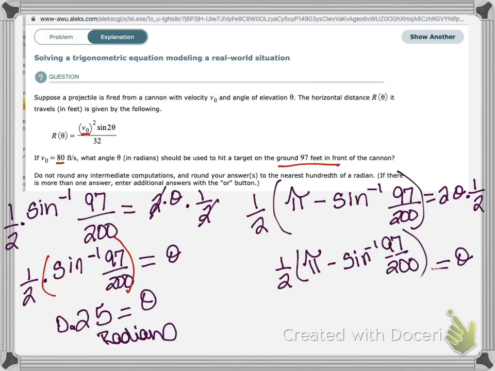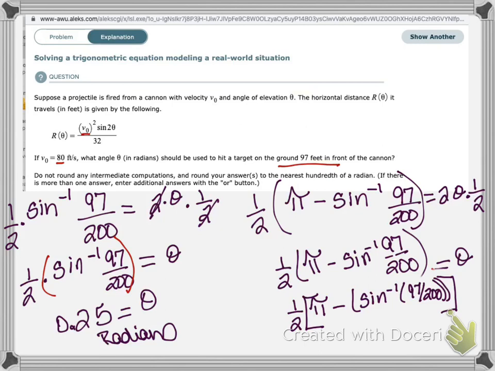I would do 1/2, then brackets, and I would hit my pi, and then I would hit minus. I'd put sine inverse in parentheses. You may even end up with another set of parentheses here, so you're looking at having 2 parentheses and then another set of brackets.